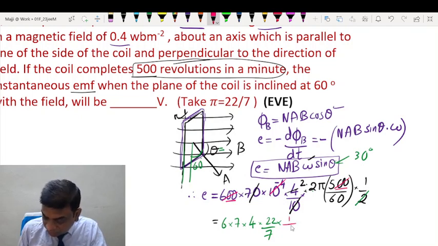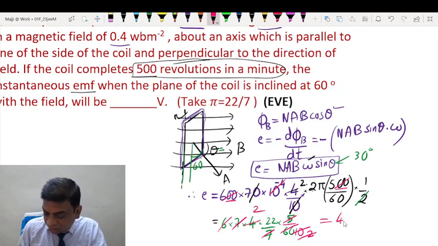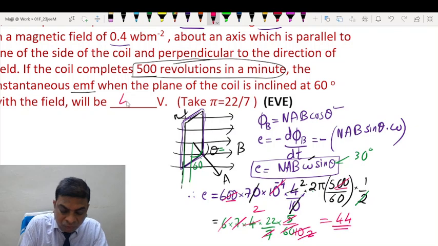And we are left with 1, 5 and 60. So 6 tens are, 7 7 gets cancelled, 5 twos are, 2 twos are. So finally we are left with 44 volt.